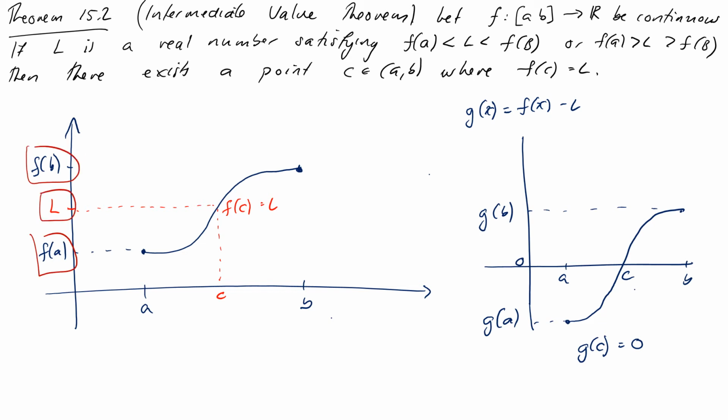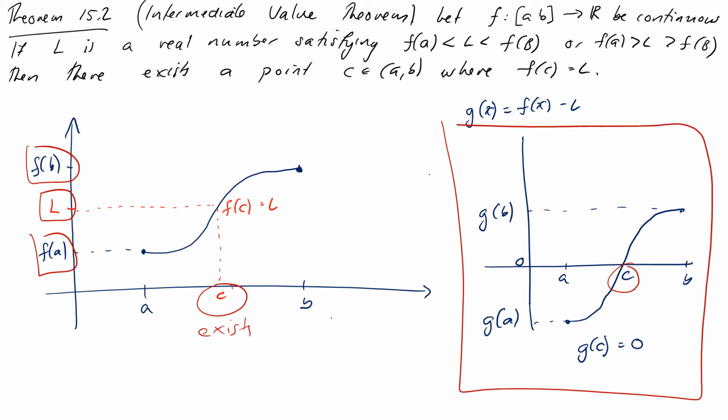So the intermediate value theorem says if I have f of a, f of b, and a number L in between, then this point c exists. Or alternatively, this point c, which is the same one, exists such that f of c is L, or g of c is 0. So we'll prove it using this case as our starting point, and we're going to use our nested intervals to make this work.